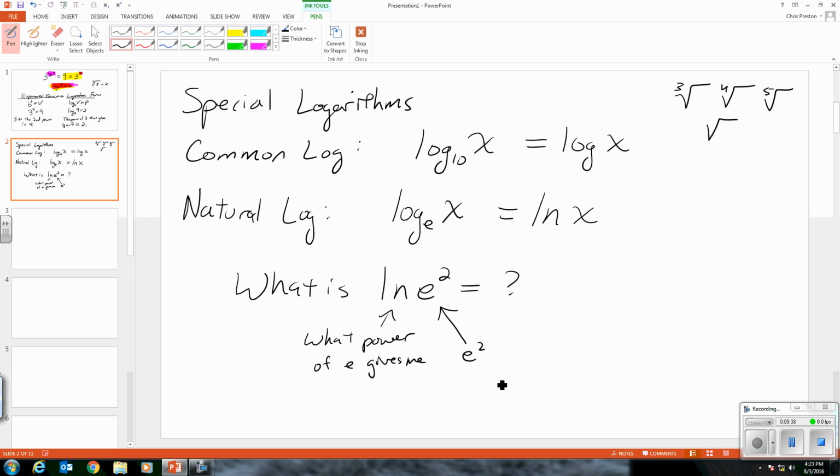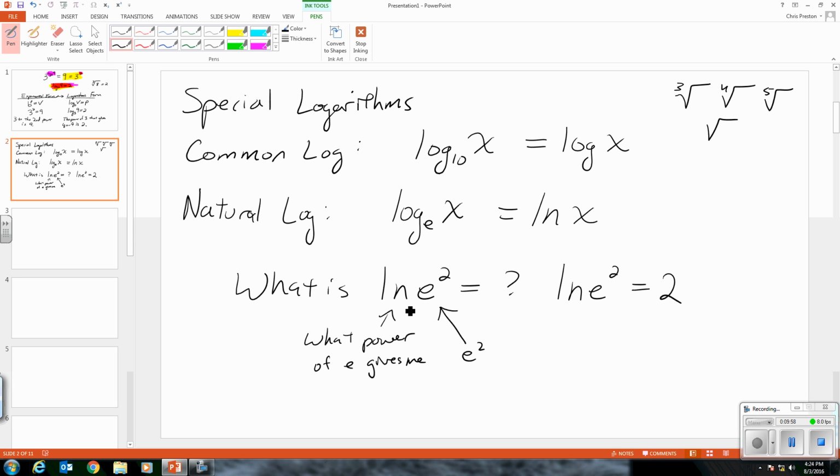E to the second power. So what power of e gives me e squared? Remember, I'm talking about a power. What is the power? And the answer to that is 2.